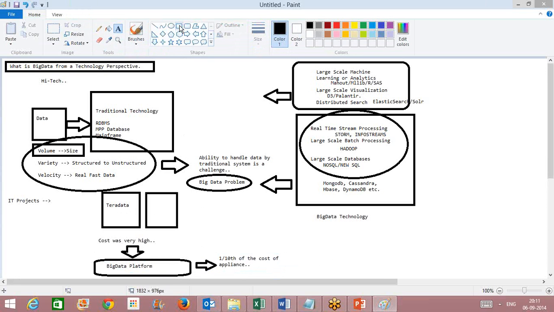So this was the business case the IT team put in place and drove this project to bring big data into action. So the idea was not that it is always coming from business.